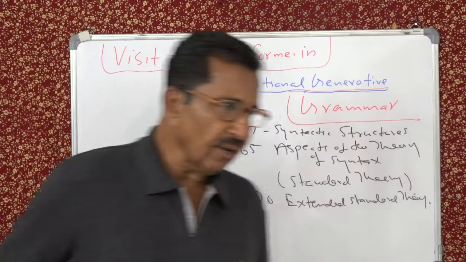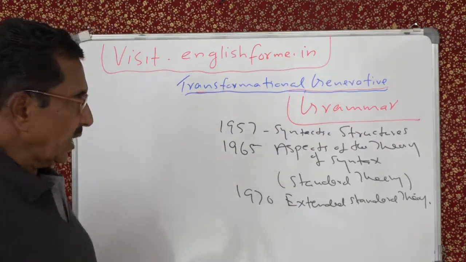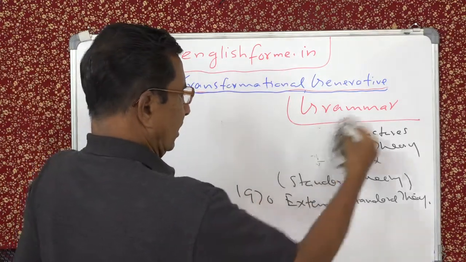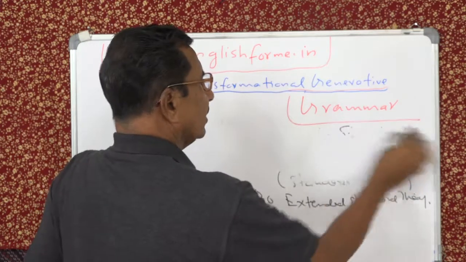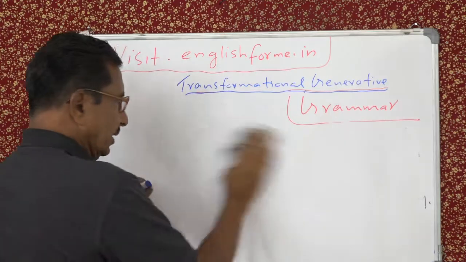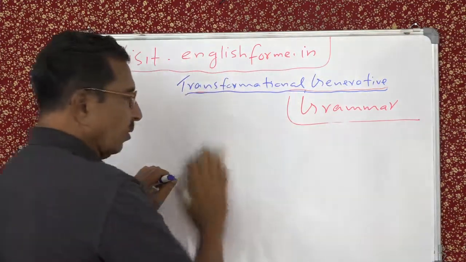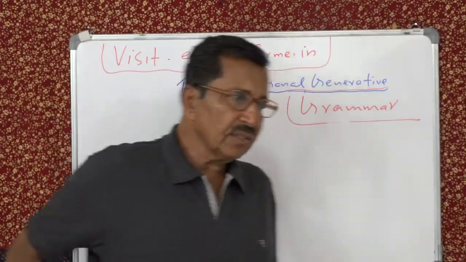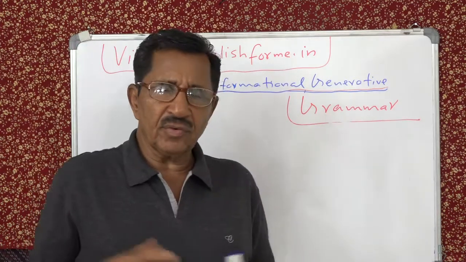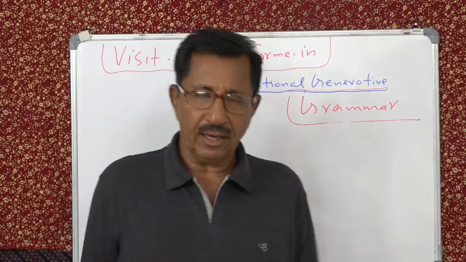Now this is about the attempt to identify universal syntactic structures. So the Extended Standard Theory is an attempt to see that there are syntactic structures which have something in common in all the languages, features common to all languages.